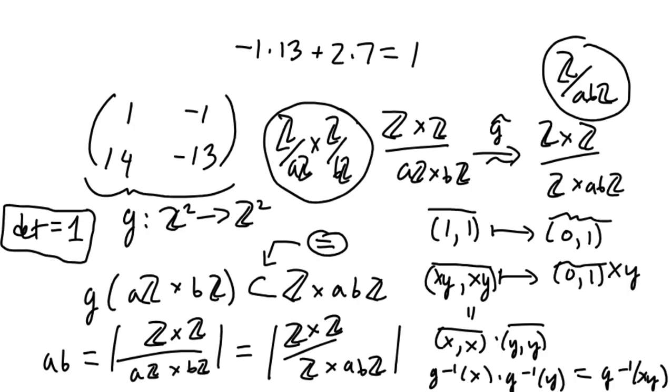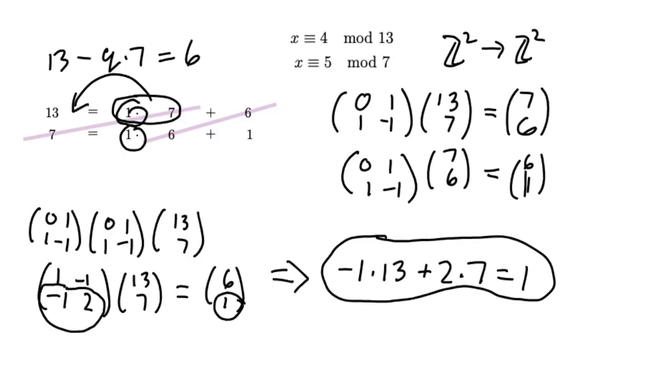And we can see that simply by, okay, what are A and B? What are we modding out by here? These are the congruences, the mods. Going back to our original problem, A would be 13, we're modding out by 13.